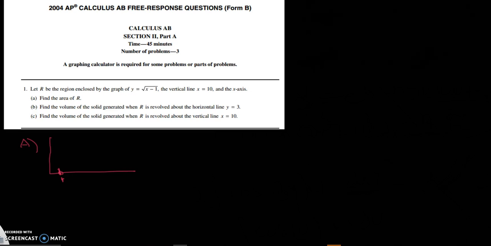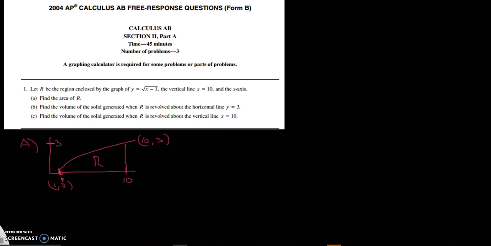The root of the quantity 10 minus 1 is 9. The root of 9 is 3. So these points are important. Right now we have (1, 0) and (10, 3). And (1, 0) is this coordinate right there.